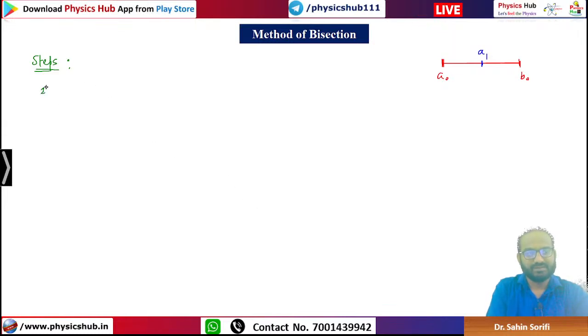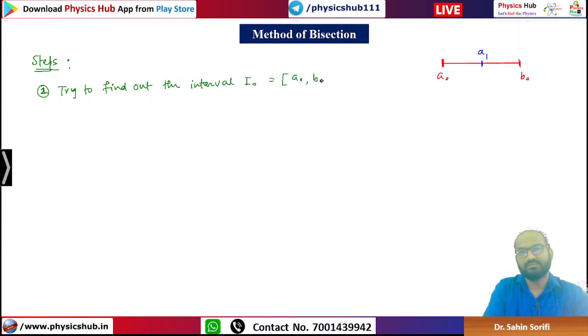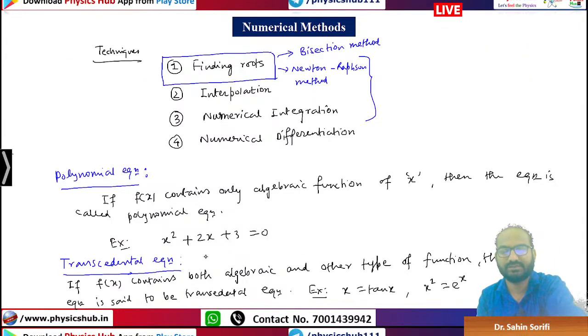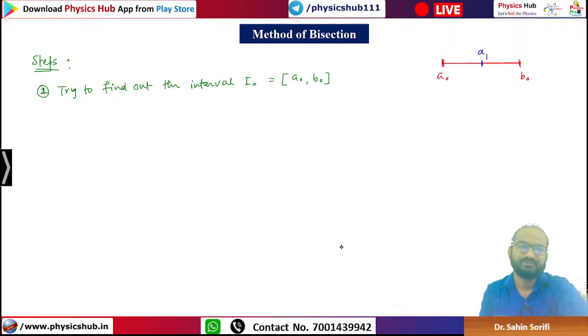So let's say the first step, try to find out the interval I0, this is, let's say, a0, b0. You have, let's say, an equation like x square plus 2x plus 3 or something like that. We need to find the roots. If this is a quadratic equation, you will get two roots. Let's say one of the roots may lie between a0 and b0.